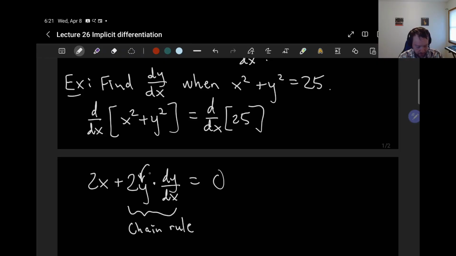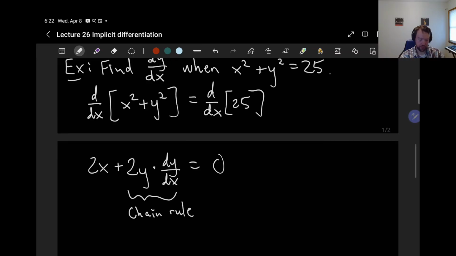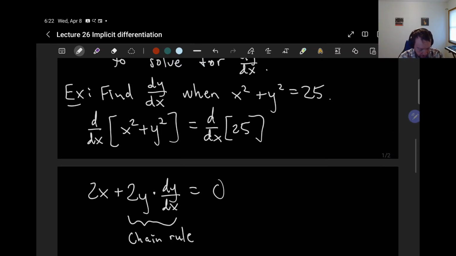Y depends on x, so think of it as there's some x relationship hidden in there. And so we took this outer derivative part times the derivative of the inside with respect to x. So that's how dy dx shows up. Whenever you're taking the derivative of a y part, it'll pop out.